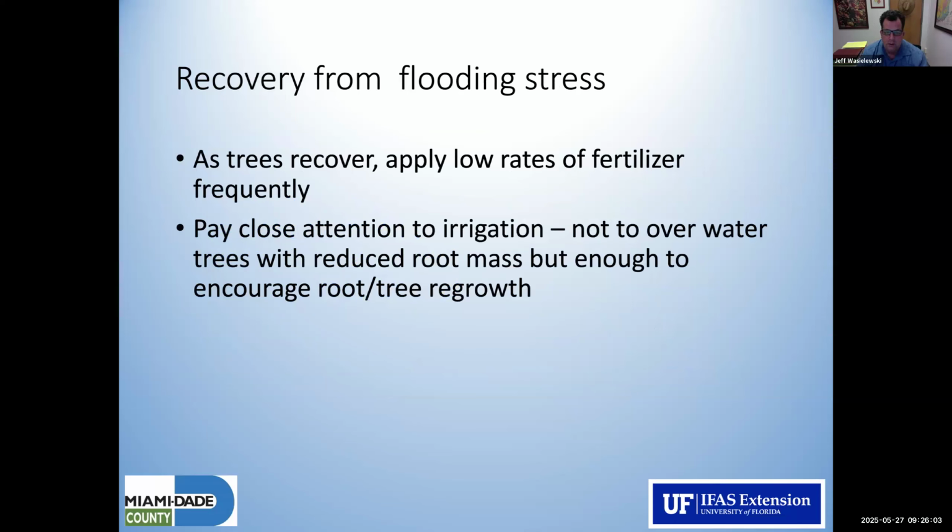As the trees recover, as you start to see those little tiny new leaves, you can apply low rates of fertilizer frequently. So don't hit them all at once. Little bites of fertilizer as you go forward. Pay close attention to irrigation. Don't overwater, but give the tree enough to encourage root and tree growth. You're going to really treat these trees as new plantings.